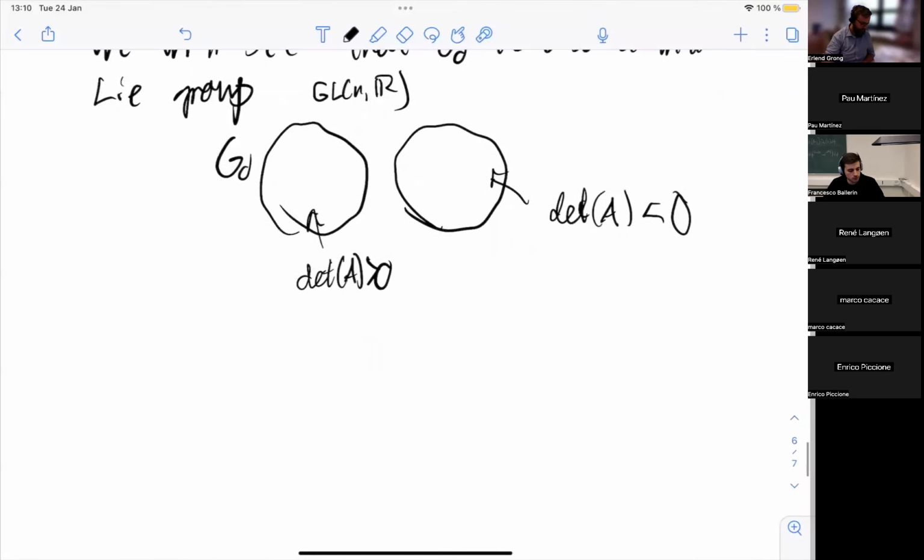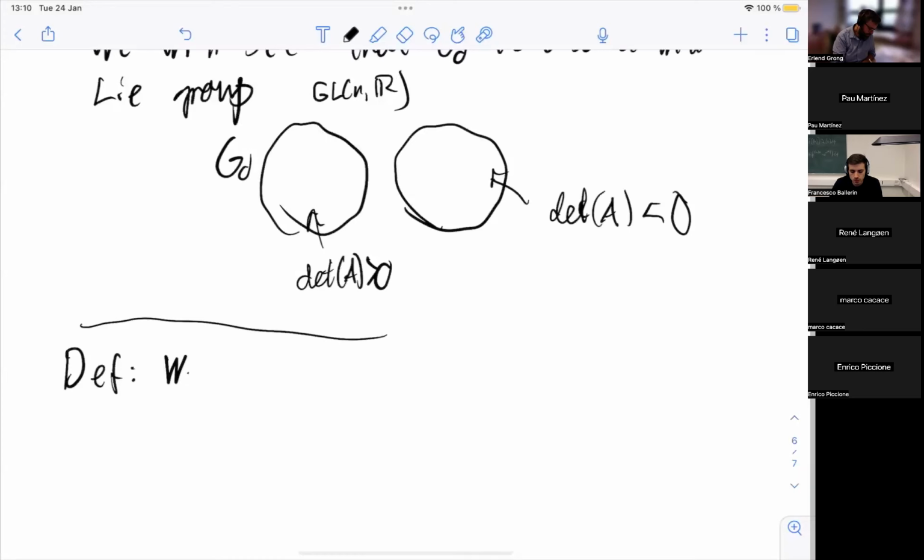Okay, so the next concept we want is a definition. I'll go according to the definition in the book.